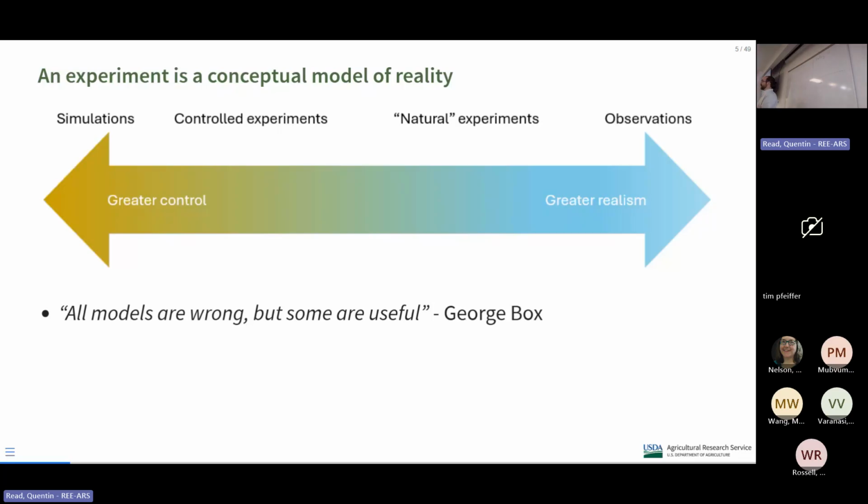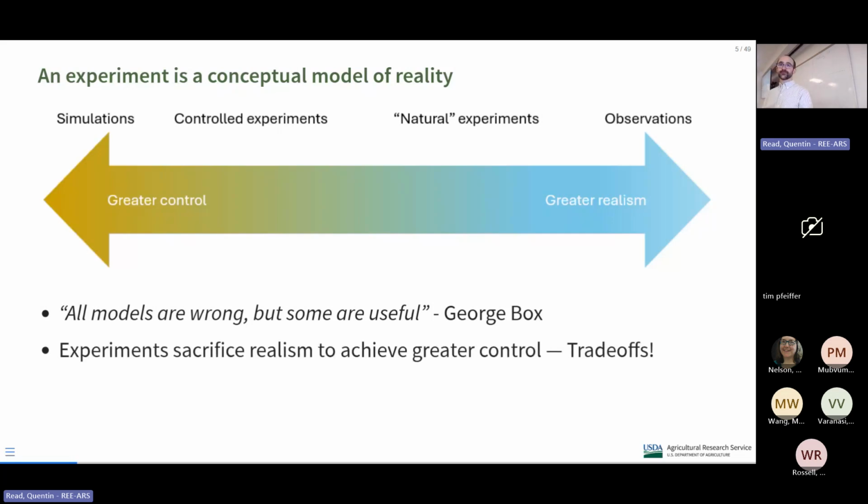Laboratory conditions do not exist in reality, so it's not a perfect mimic of reality, but it can be useful in the sense that if we can assume that the processes going on in the lab have some relationship to what's going on in reality, the experiment teaches us something about reality. But if we can't make that assumption, then we haven't learned a whole lot from the experiment. And as I said, there is ultimately a trade-off between realism and control, and when you're doing an experiment, you're more on the control side, and you've given up some of the realism.